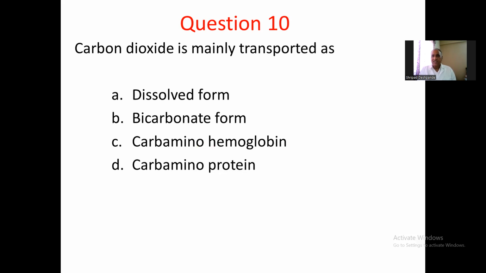In that, nearly about 2 ml may be in the dissolved form, around 2 to 3 ml in the carbamino, 2 to 3 ml in the carbaminohemoglobin, and 2 to 3 ml in the carbaminoprotein. More than 40 ml of the total carbon dioxide is carried in the form of bicarbonate. So hence the correct response is B, bicarbonate form.